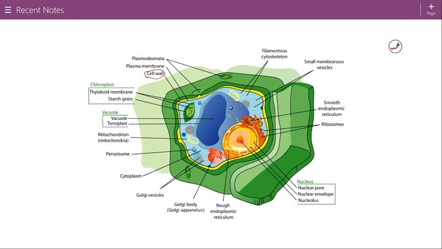So plant cells specifically are very susceptible to changes in pressure due to how much water is in the cell. So the cell wall is going to keep it generally the correct shape and size despite the amount of water that is in the cell.